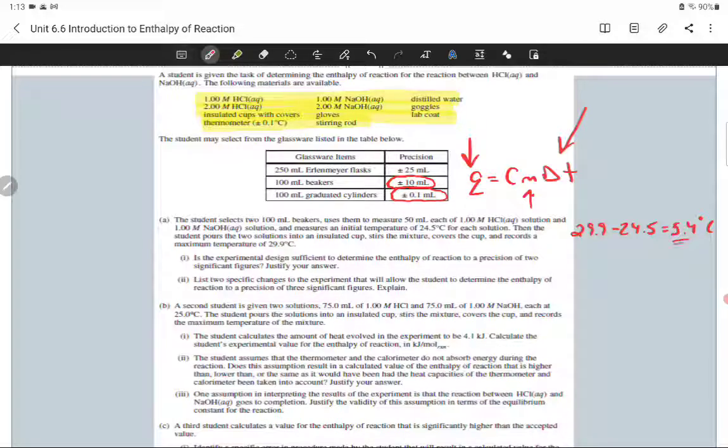So that's going to give us two significant figures. So when we get that Q answer, we're just going to be able to get two significant figures out of that.